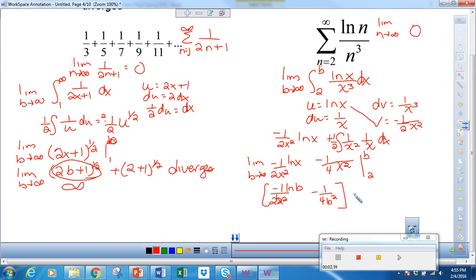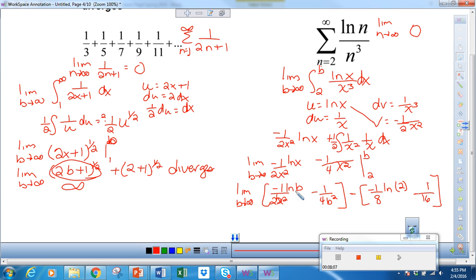Then that quantity minus negative 1/2, 2 squared is 4, so that'll be 8, natural log of 2, minus 1, that would be 4, so that would be 1/16. Okay, and I'm taking the limit as b approaches infinity.